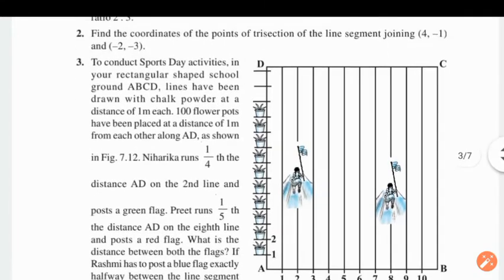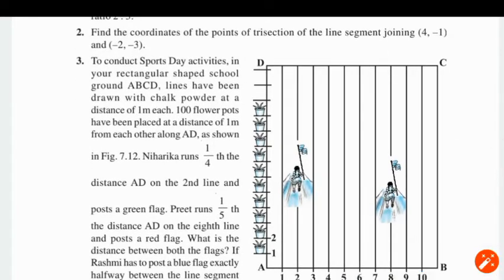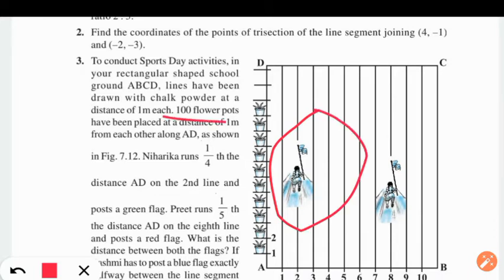So the total distance of AD is 100 meter, because 100 flower pots have been placed with 1 meter between them. So the total distance from A to D is 100 meter. So 1/4 of 100 meter is 25.